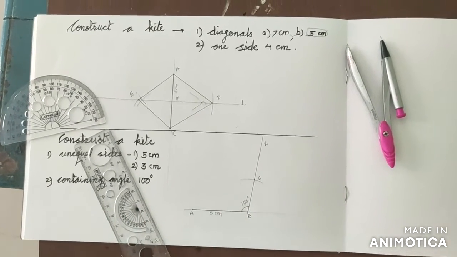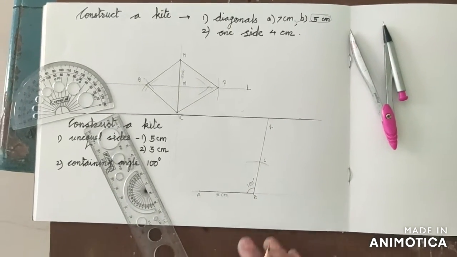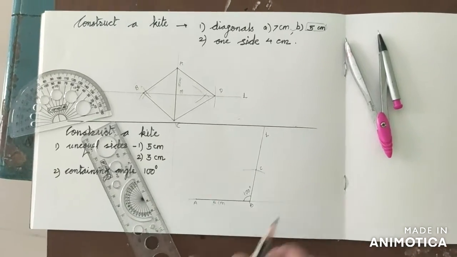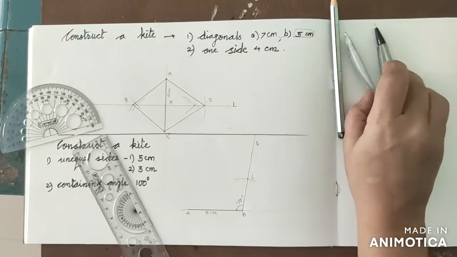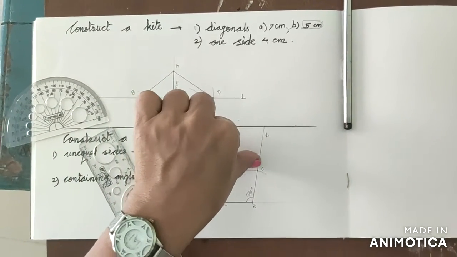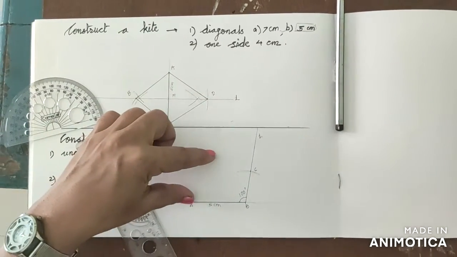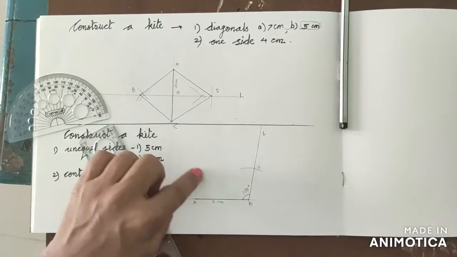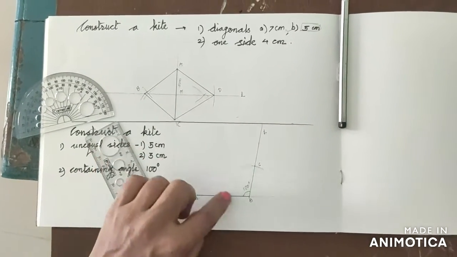This much information is given in our question only. Now we have to construct the remaining using the same information. So for that we need this side and this side. This side is equal, you know that because this construction is for a kite.